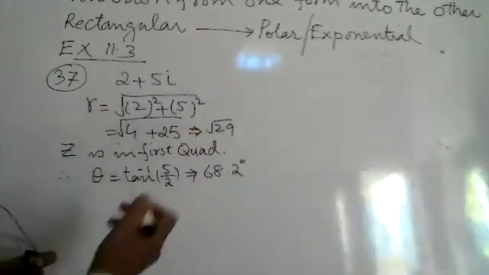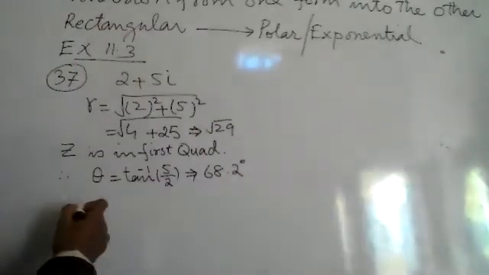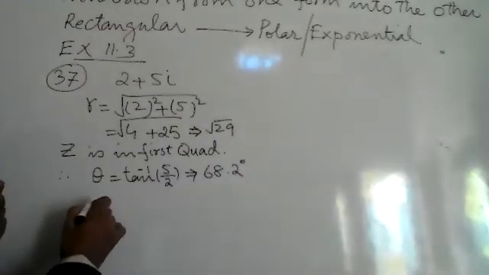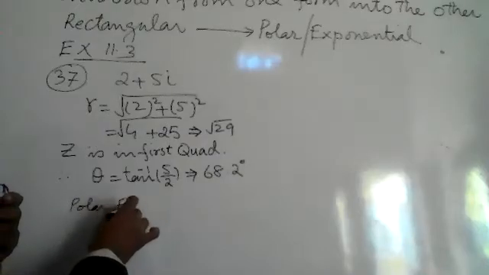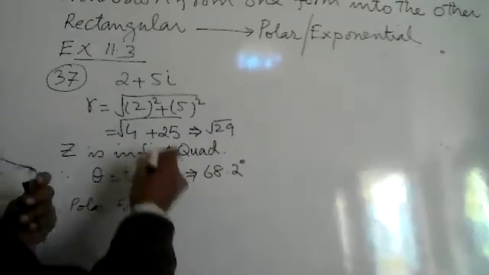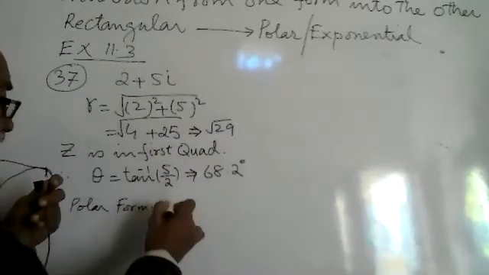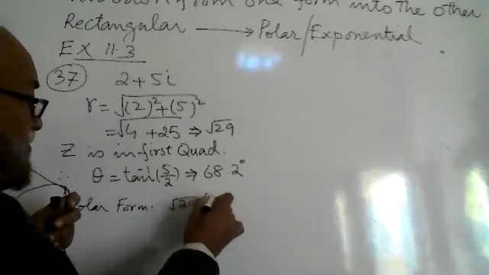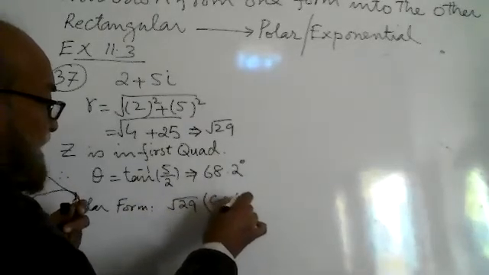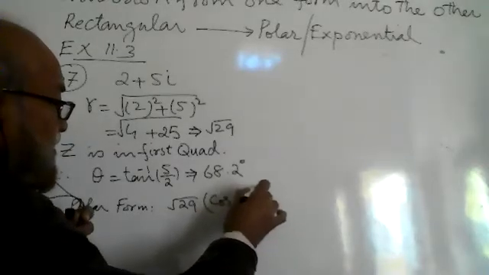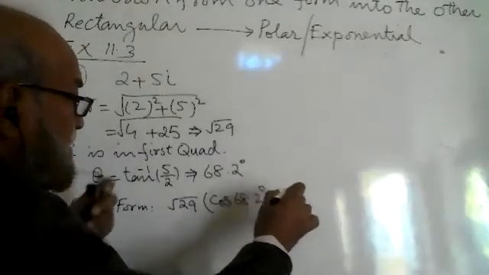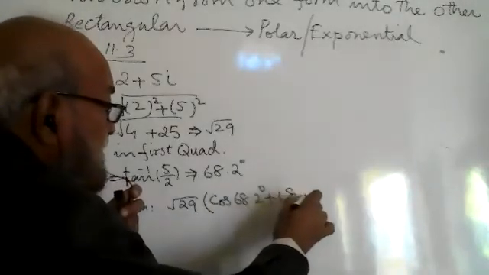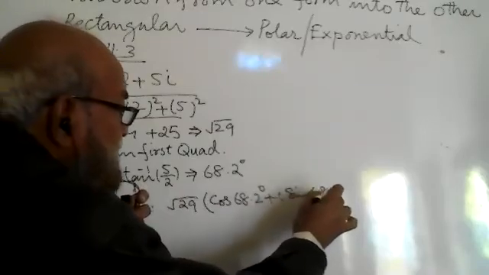R is equal to root 29. So the polar form will become root 29 into cos 68.2 degrees plus iota sin 68.2 degrees.